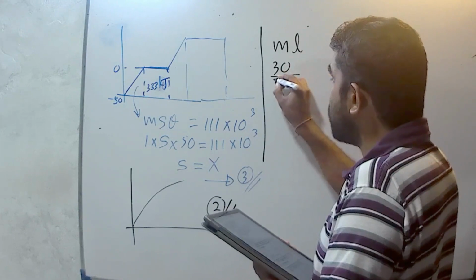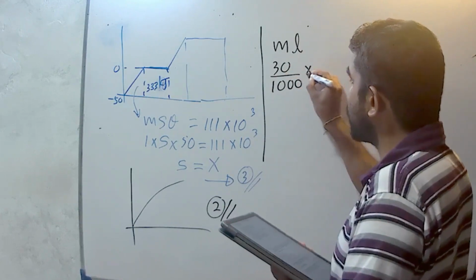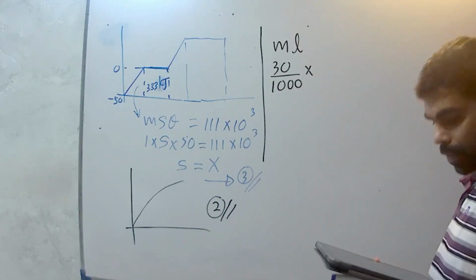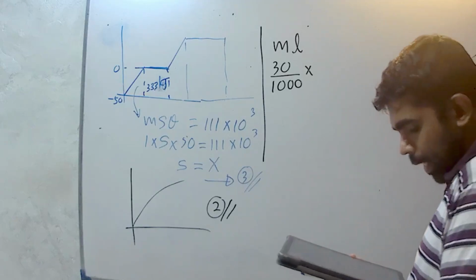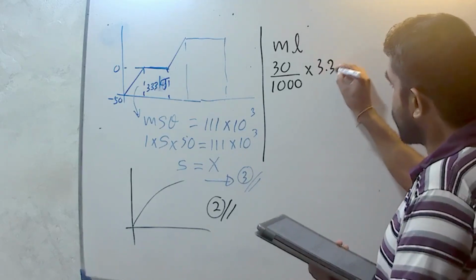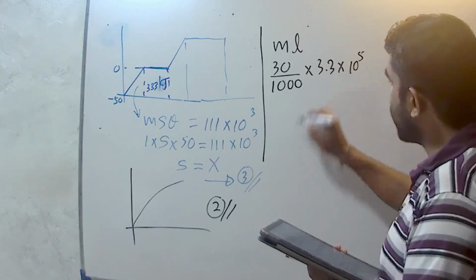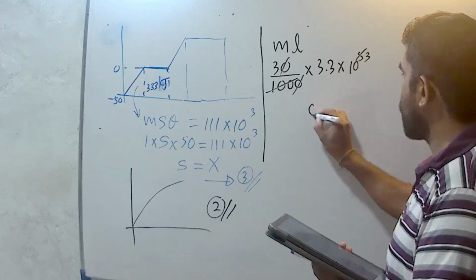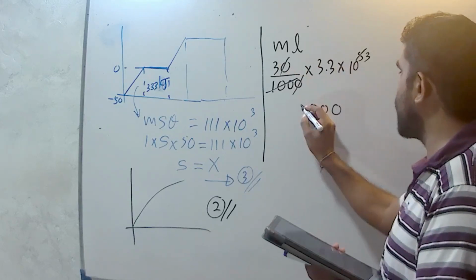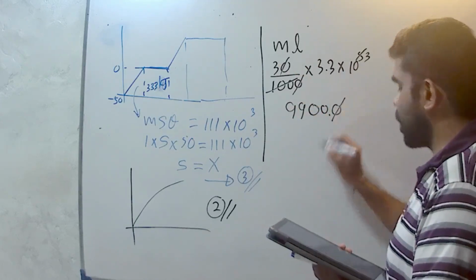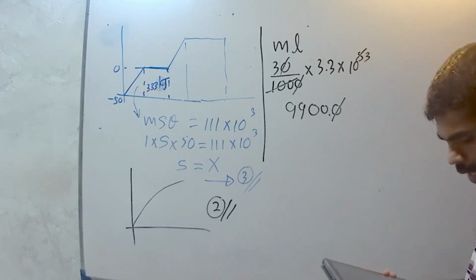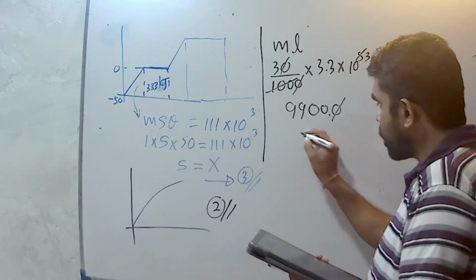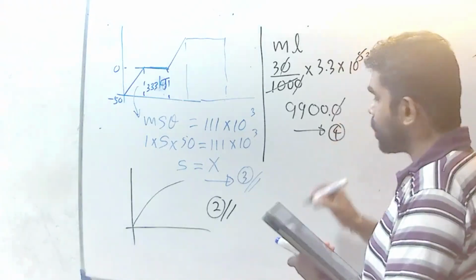Mass 30 grams, we have to convert to kilograms by dividing by 1000. Latent heat 3.3 into 10 to the power 5. Then we simplify it: 3 into 3 is 9, 3 into 3 is 9, and we separate one decimal place. It is 9900 joules. Then the answer is 4.